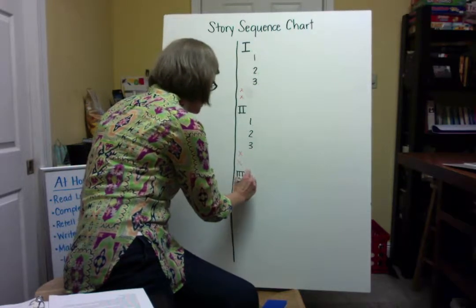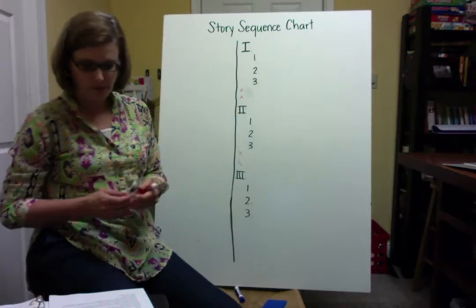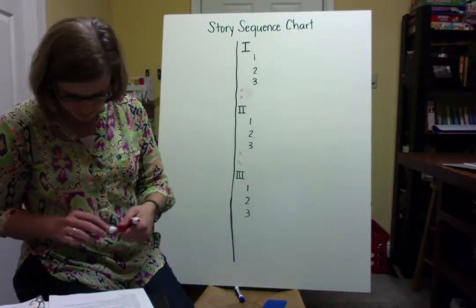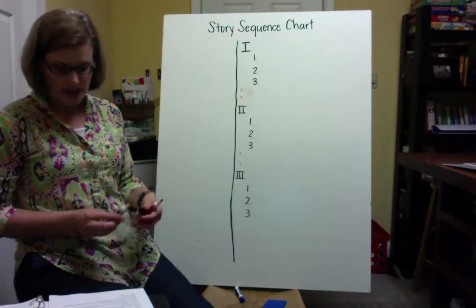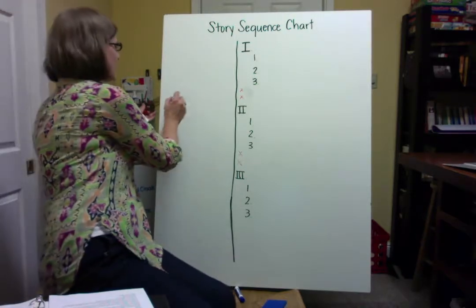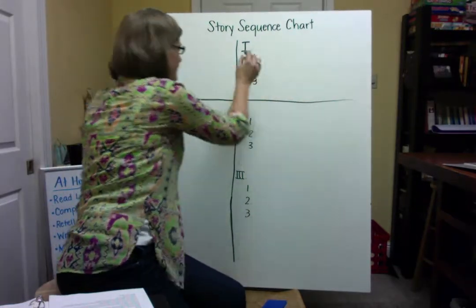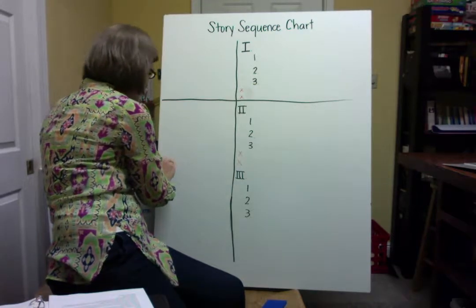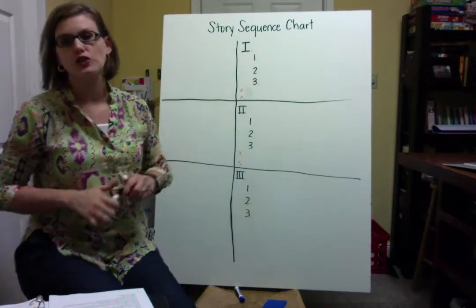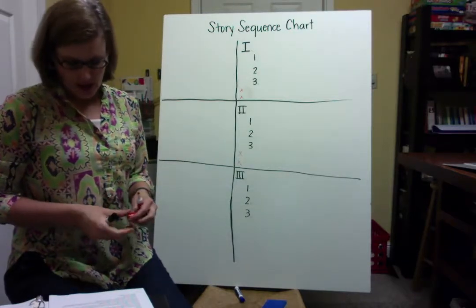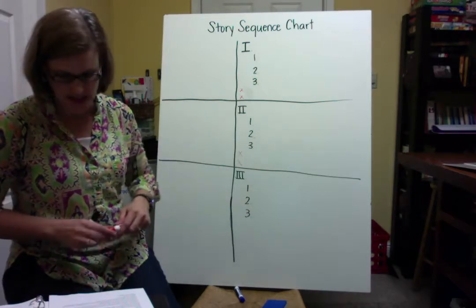Roman numeral 3, 1, 2, 3. Then I want you to put a line going across your paper, dividing the 1 from the 2, and then do the same, dividing the 2 from the 3. So basically, we have divided our paper into 6 sections.